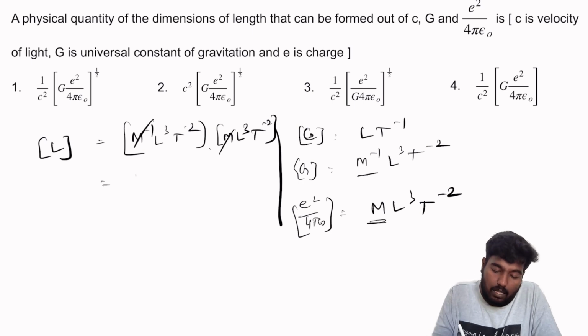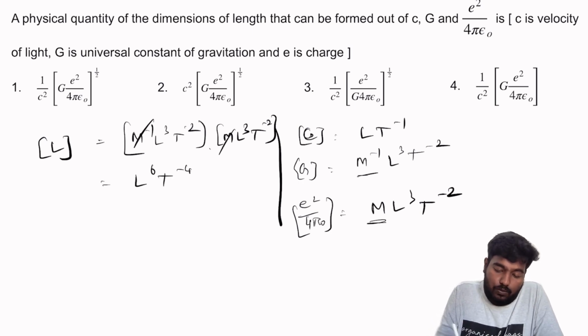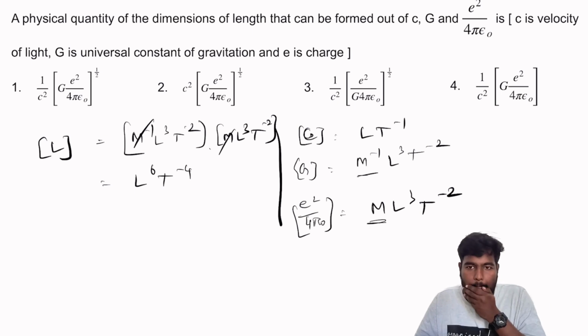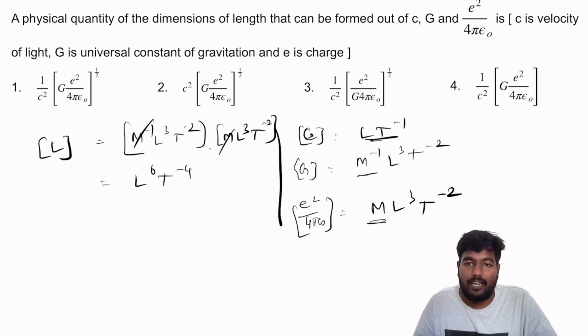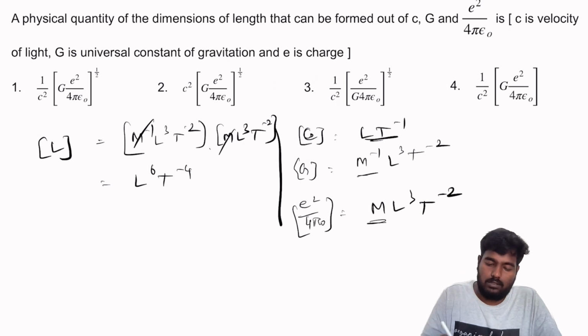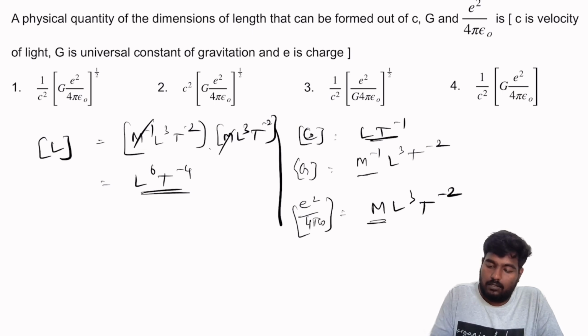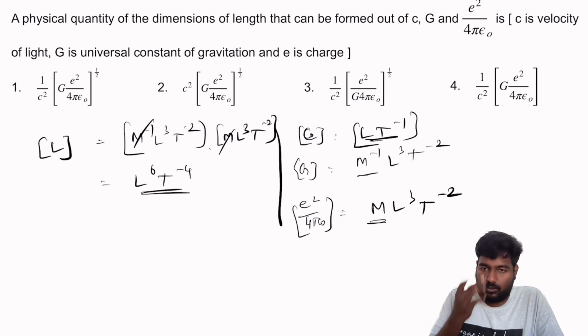I have to multiply both so that the M is cancelled. So what will I get? L power 6 T power minus 4. Now C is L T inverse. So what do I have to do? I have to have only the L remaining here. I can square this, cube this, whatever I want.